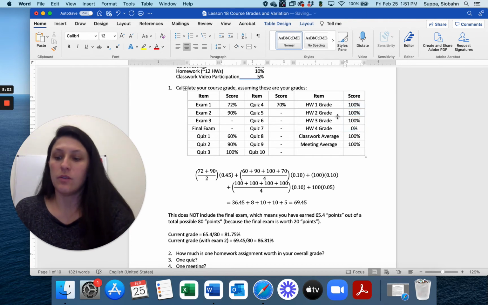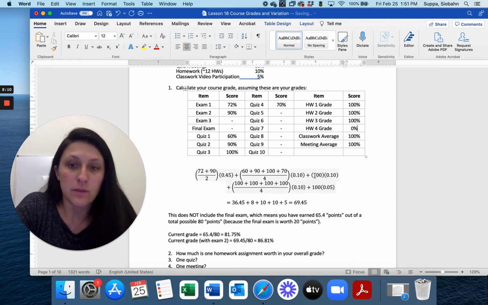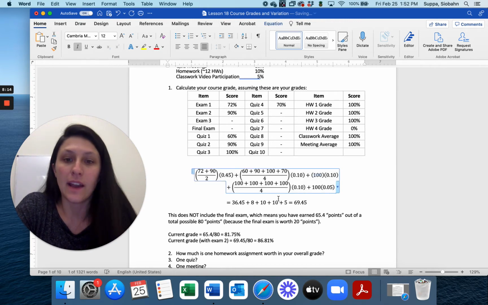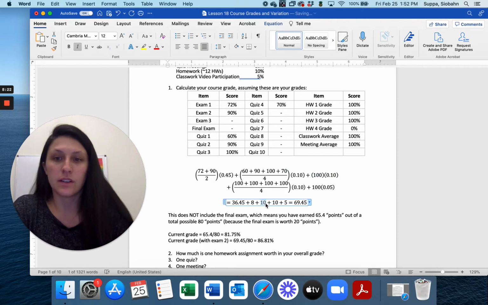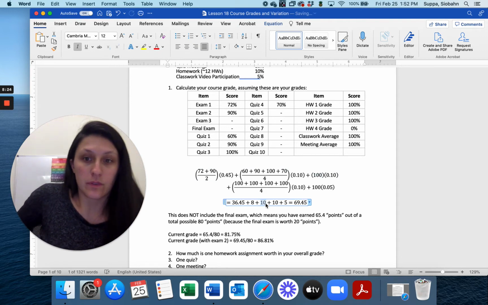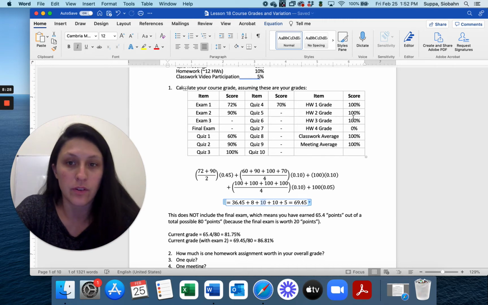So if you did that new average, then you'd be doing 300% over 4, which brings your homework average down to a 75%. So instead of this being 100, this would change to 75. And instead of this down here being 10, this would end up changing, whichever one of these is 10, I think it's the first one. This would end up changing to 7.5 because now you don't have a perfect score for your homework.